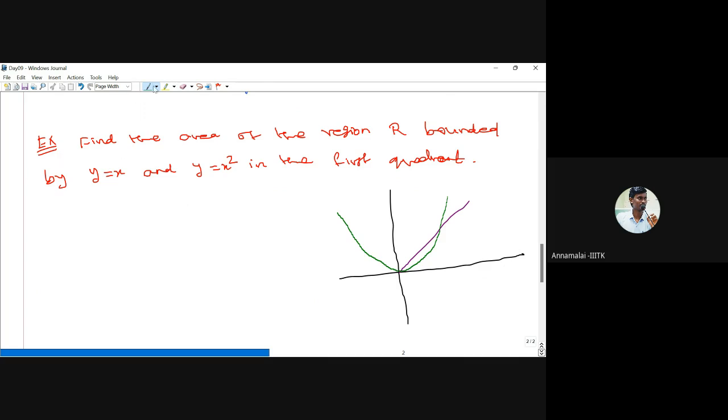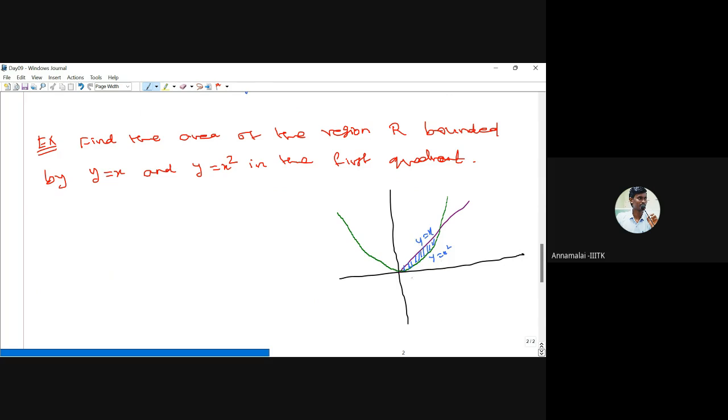Therefore, only this inside portion is our region. So this is our region R, because it is bounded by the curve y equal to x and y equal to x square. We have to find the area of this plane region, which is contained in the xy plane.